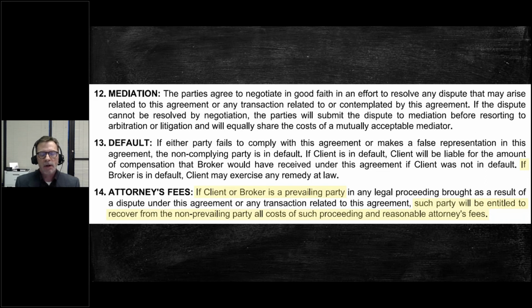If the loser has to pay the attorney's fees, then a person who wants to bring an action had better be really sure they've got a really good case. And that's the purpose of this, is to make sure that we're not wasting the court's time, because very often, as I said, the attorney's fees will be much greater than any potential recovery that you might get.